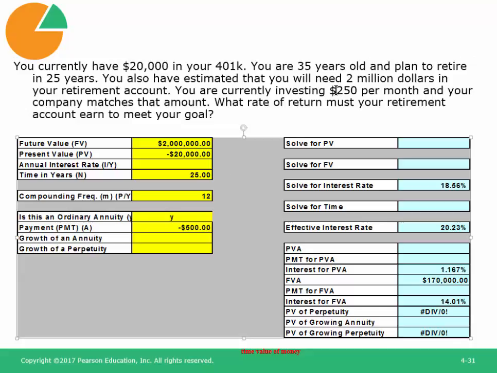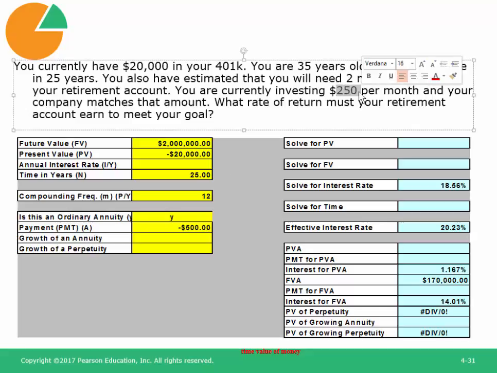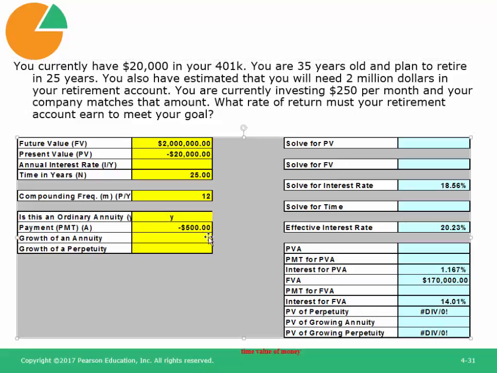I apologize, I've screwed this problem up for you, so I'm changing the numbers so that it does make some sense. And your company matches that amount. So I'm investing $250, and my company is investing $250. So my total investment is $500 a month. 25 years is how long I have to go. I'm making monthly payments.